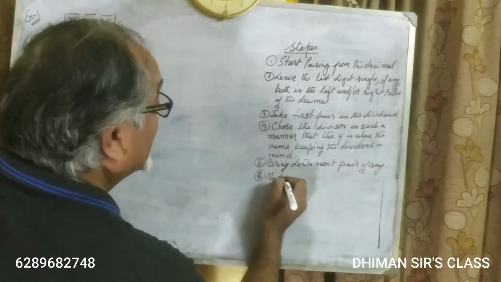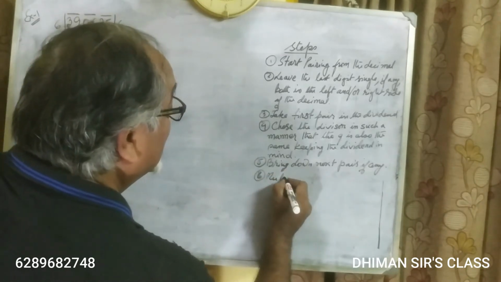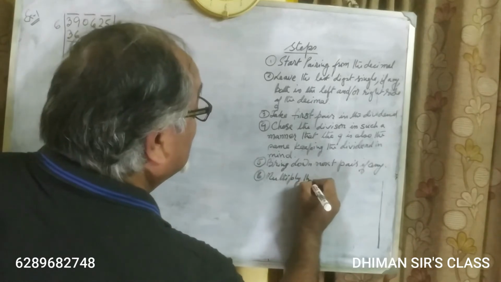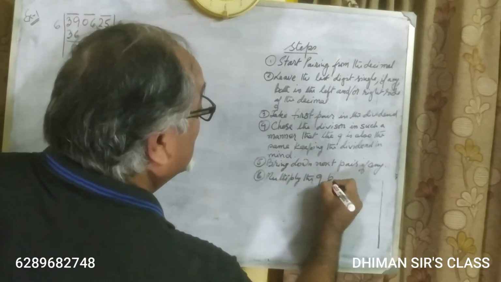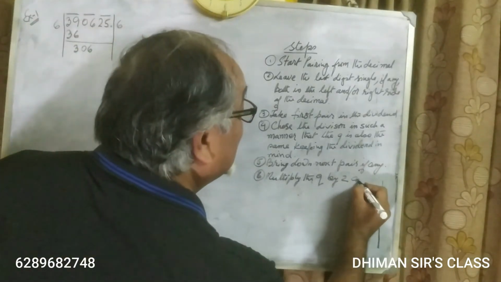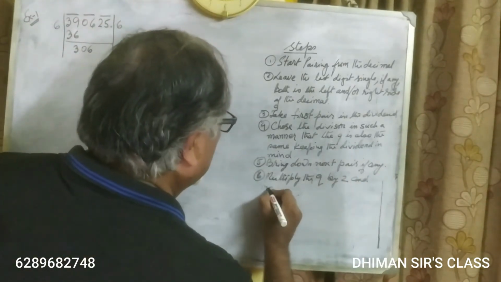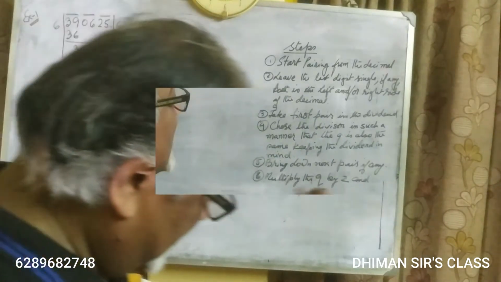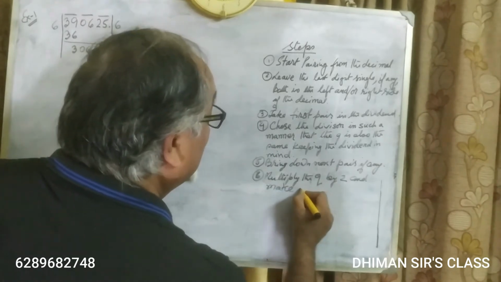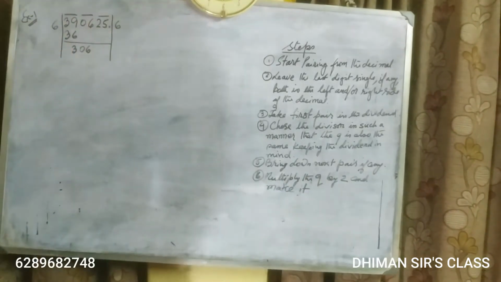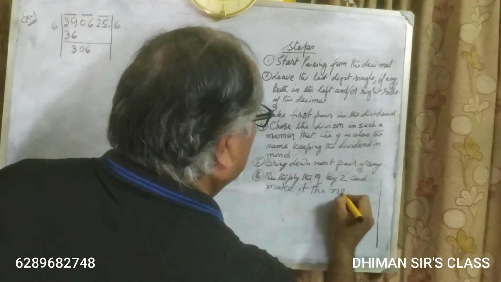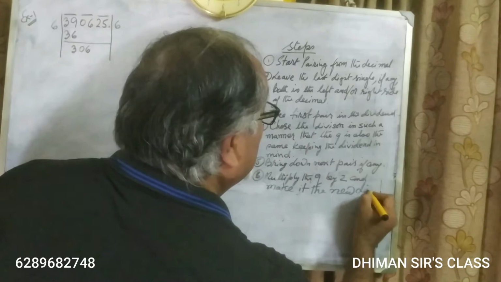Next, step 6: multiply the quotient by 2 and make it the new divisor.